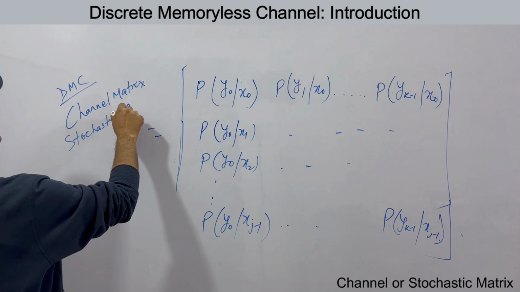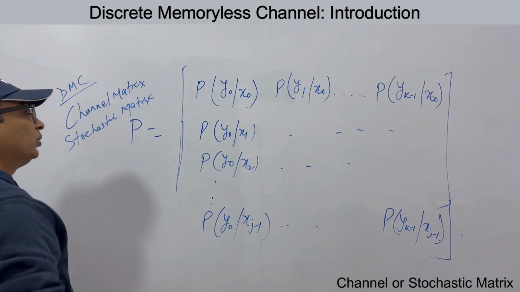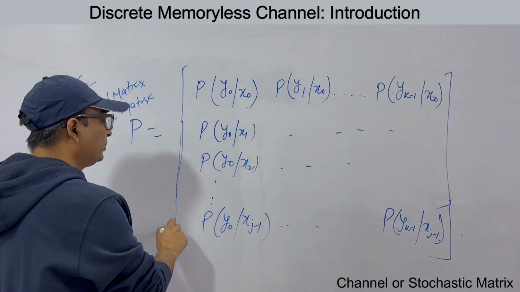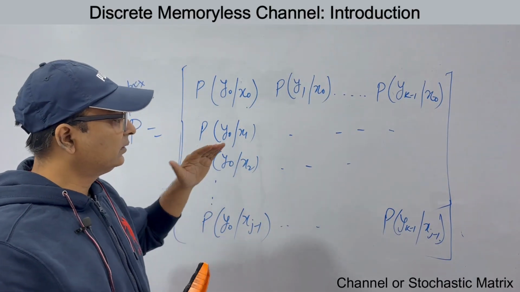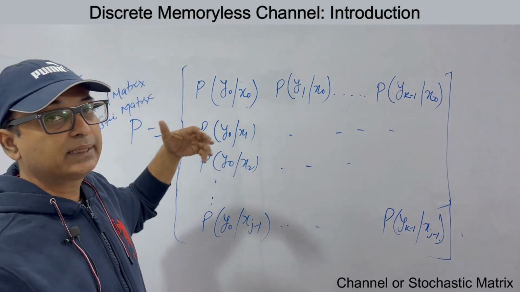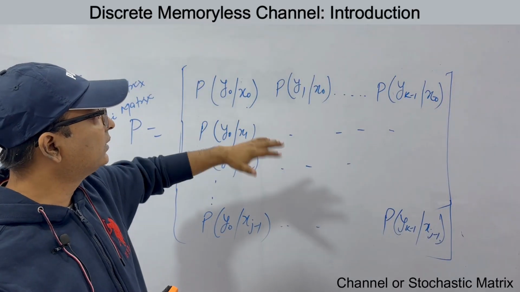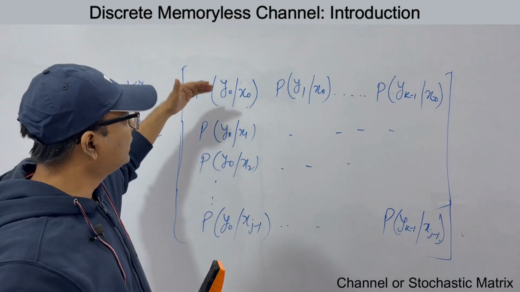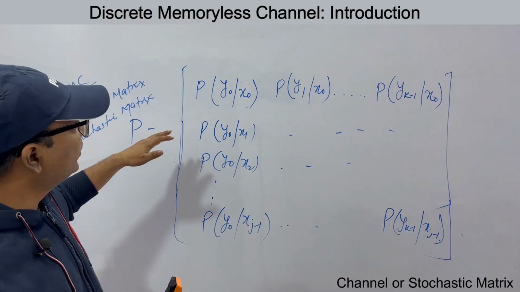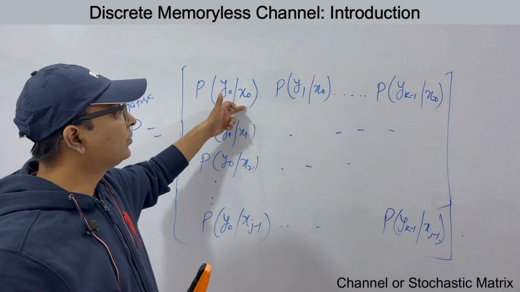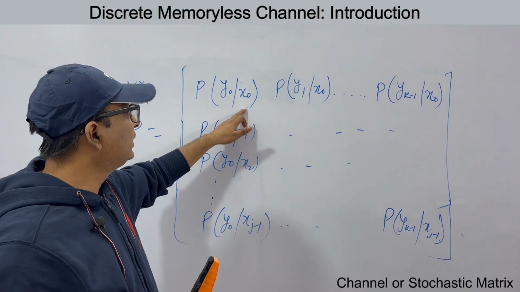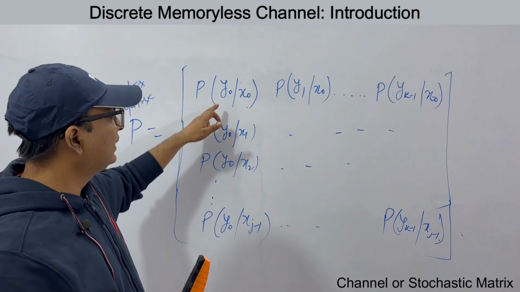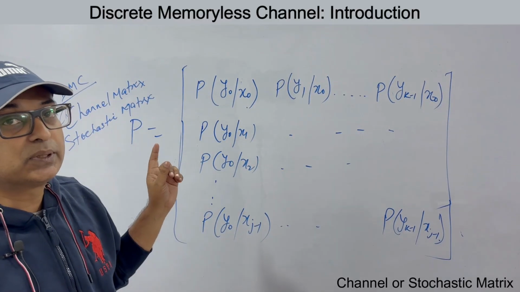I know this won't be giving you any insight. You won't be getting what I am trying to convey. But have patience. We'll see examples and then you will understand what is the meaning of this. Okay. So this is for a channel which has J number of input symbols and K number of output symbols.